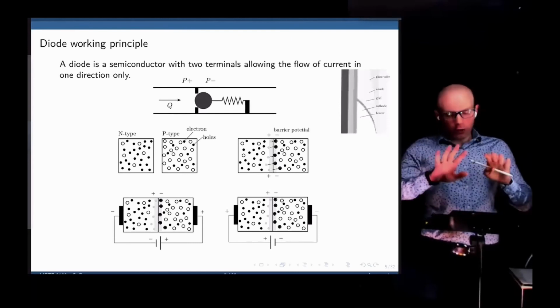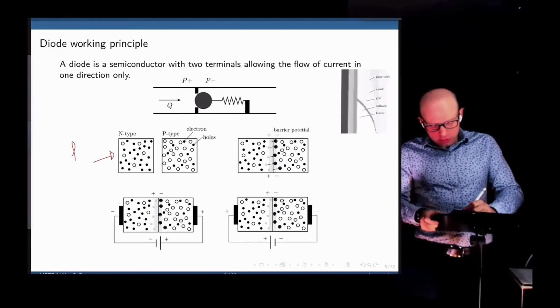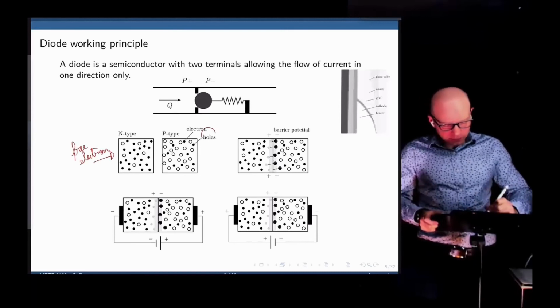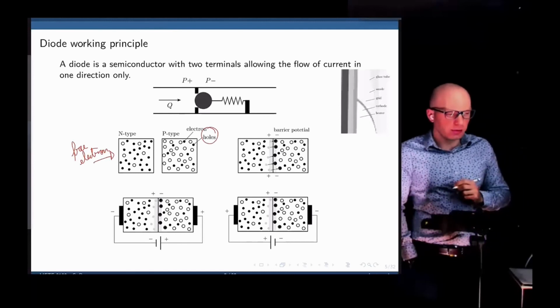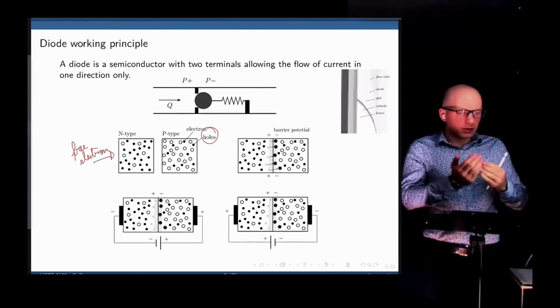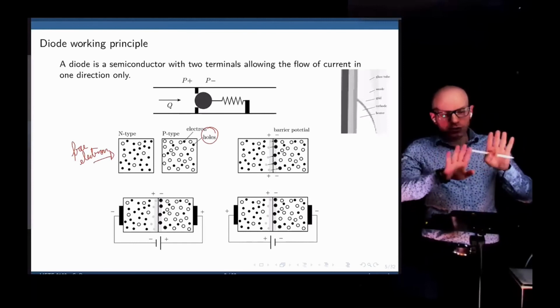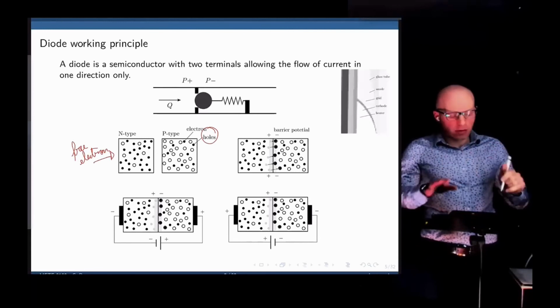And here we form the N-type and the P-type. So the N-type has free electrons, and the P-type has additional holes in there. Once that is done, you connect them together, which means that when you put them together, now we have this charge that is not balanced anymore, is not neutral.